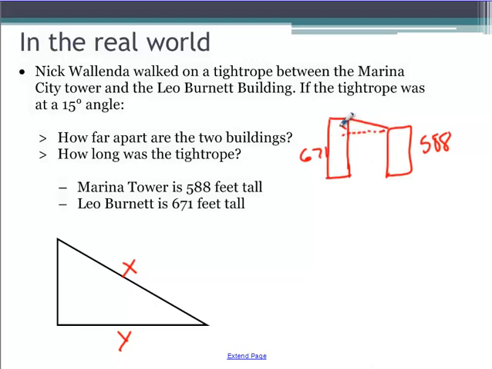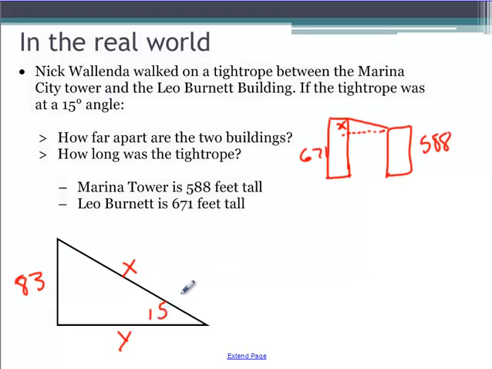This height here, which I know I'm calling x again, is the difference between those two. So 671 minus 588 means that this height is actually 83 feet. We know it's at a 15-degree angle, so I can find both of these.